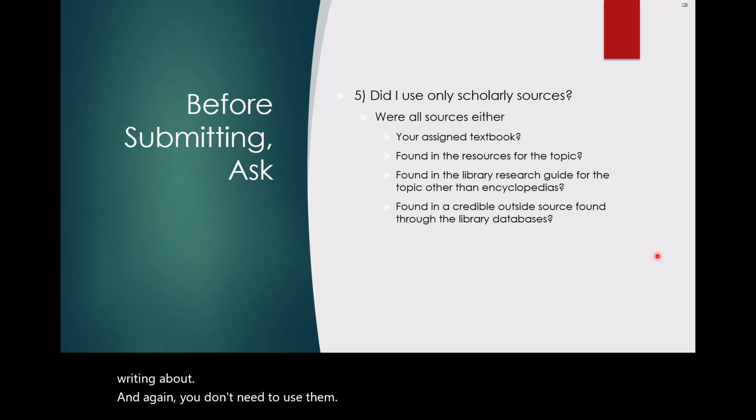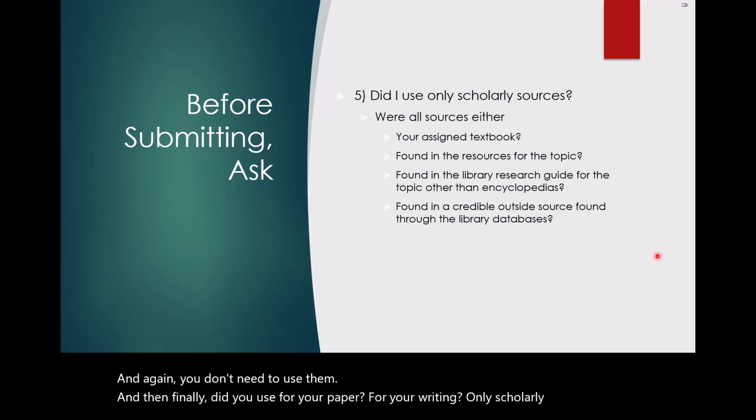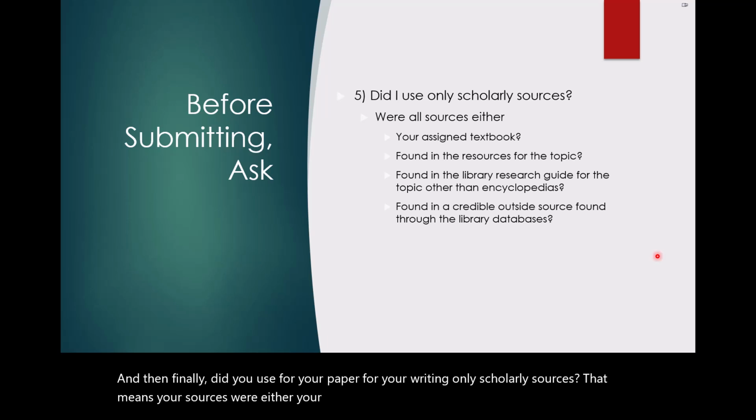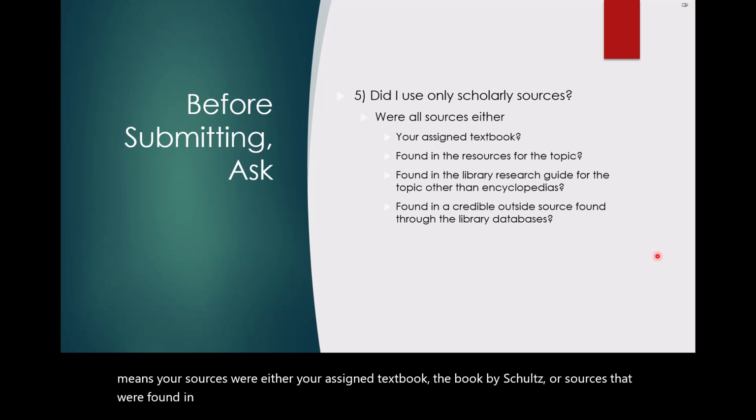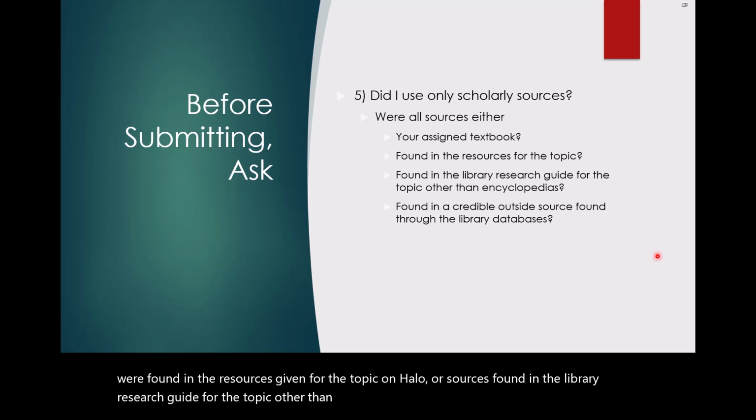And then finally, did you use only scholarly sources for your writing? That means your sources were either your assigned textbook, the book by Schultz, or sources found in the resources given for the topic on Halo, or sources found in the library research guide for the topic, other than encyclopedias, unless encyclopedias are allowed in the directions for the assignment, which they usually are not.